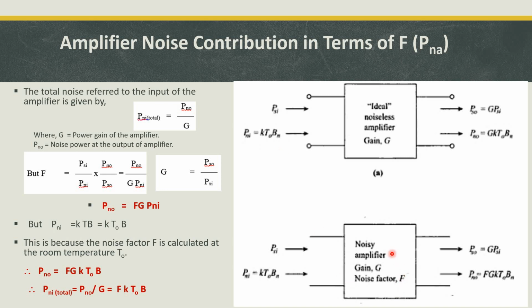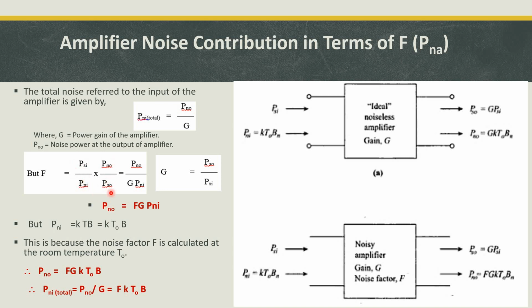If it is a noisy amplifier, the same formula we are going to utilize, PN0 divided by G, gain. So that will give PNI total. Why is it specified as PNI total? The PNI total consists of source noise and also amplifier noise. In this situation, you know the noise factor formula: output signal to noise ratio divided by input signal to noise ratio.